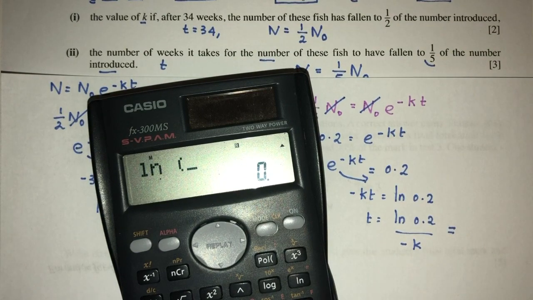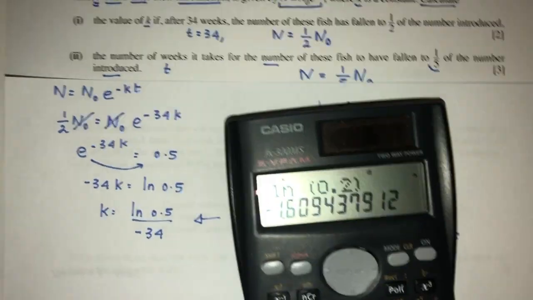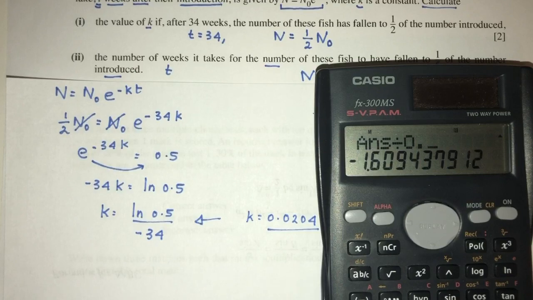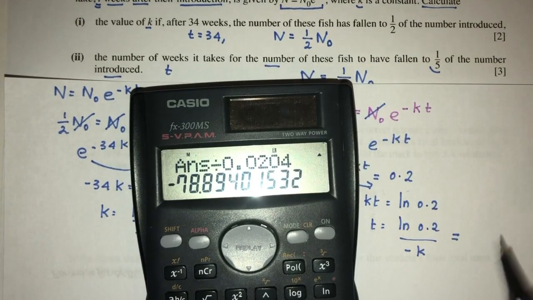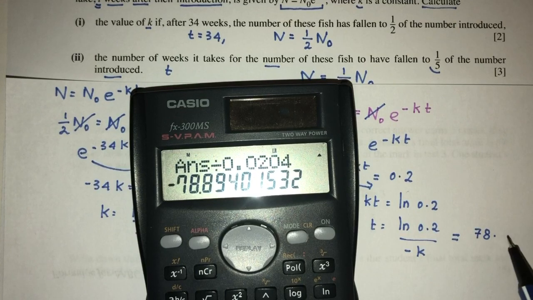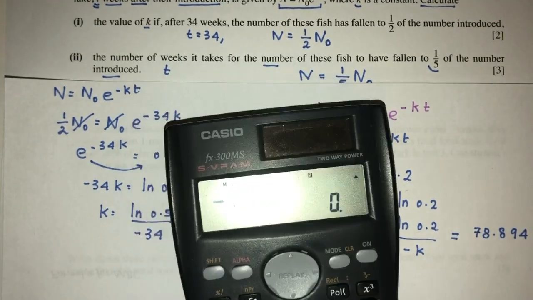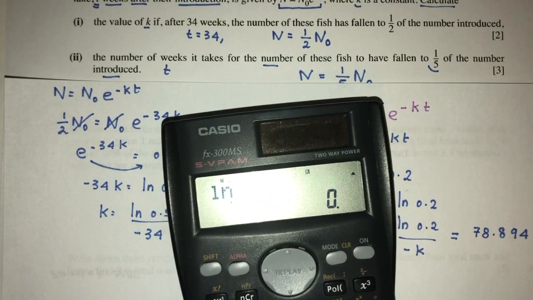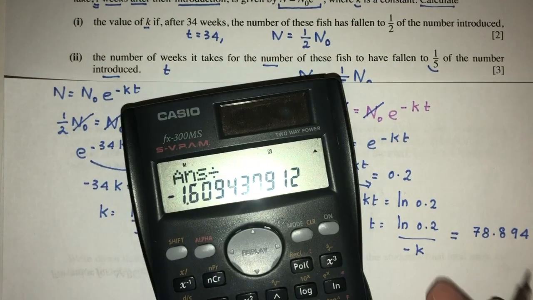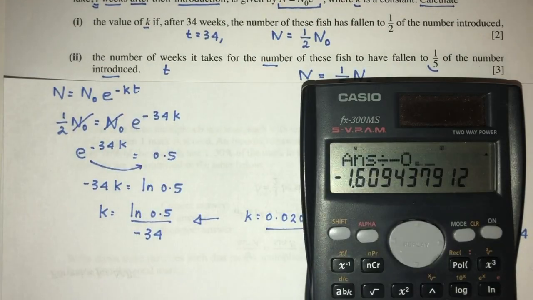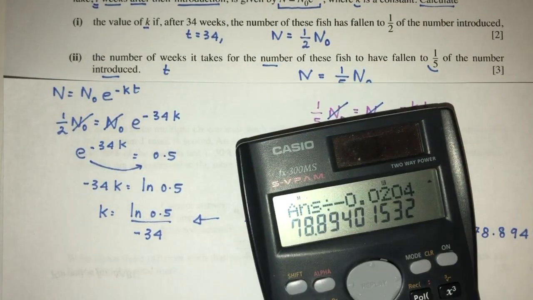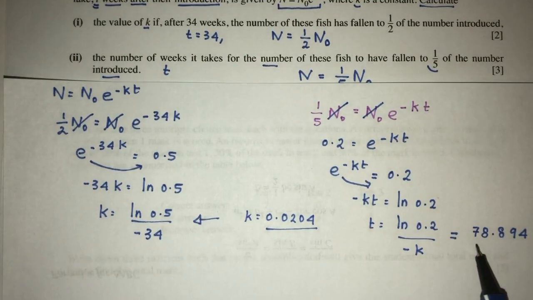Ln of 0.2 divided by 0.0204. That should be 78.894. So let's try again. It should not be negative. Ln of 0.2 divided by minus k, so minus 0.0204. That will be 78.89.